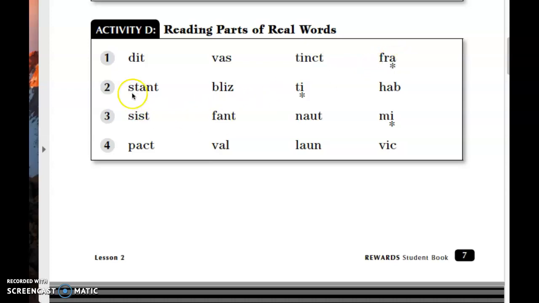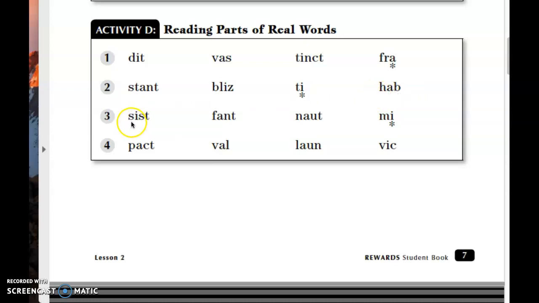Next word part, stant. St, and. Stant. Next word part, bl, is. Blizz. If it has an asterisk, it says its name, I. Tie. What part? Tie. Next word part, ab, hab.